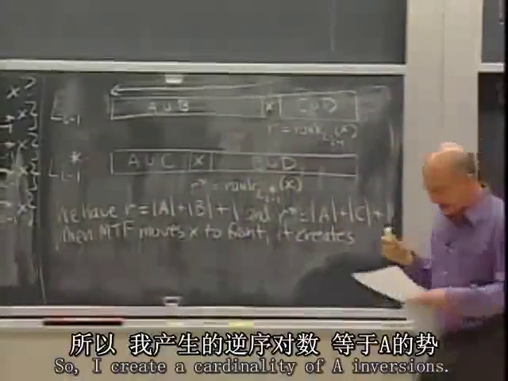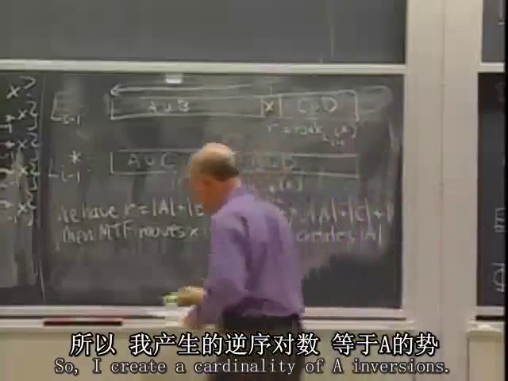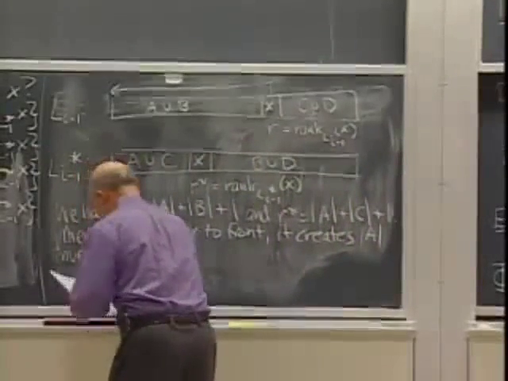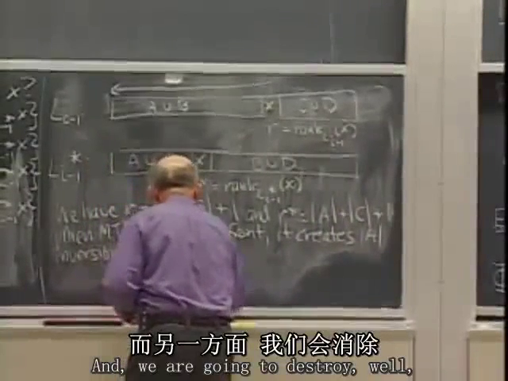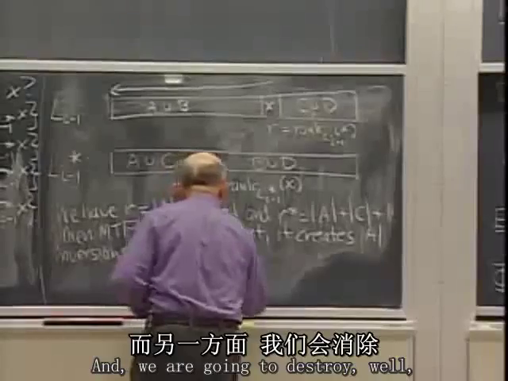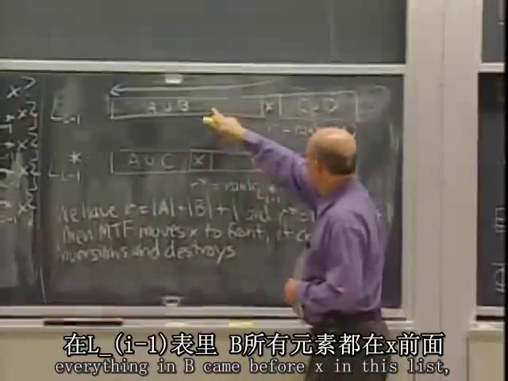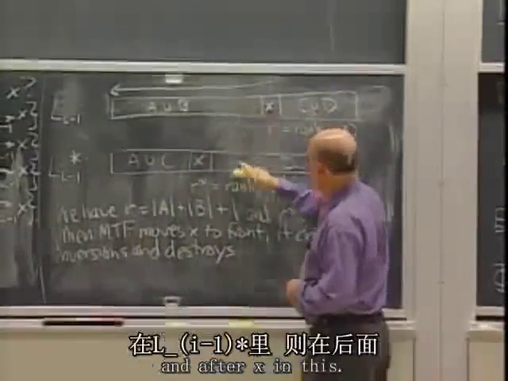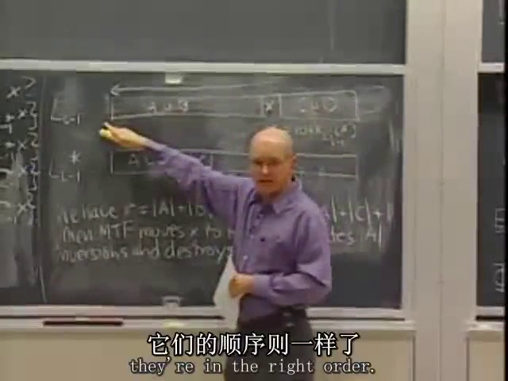So I create the cardinality of A inversions. And we're going to destroy, well, everything in B came before X in this list and after X in this. But after we move X, they're in the right order.